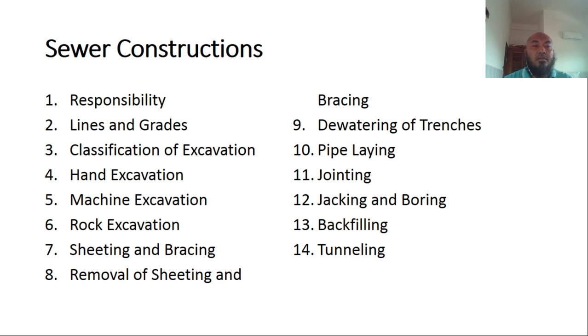So if the sewer is placed in correct alignment based on the line, and the grade is about the slope. If they are not put at the right line as well as at the correct grade, it will be a problem for the construction, for the flow inside the pipe itself.